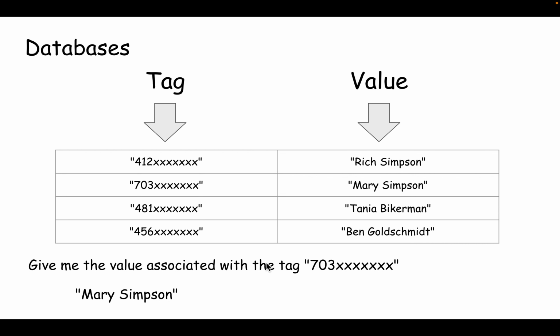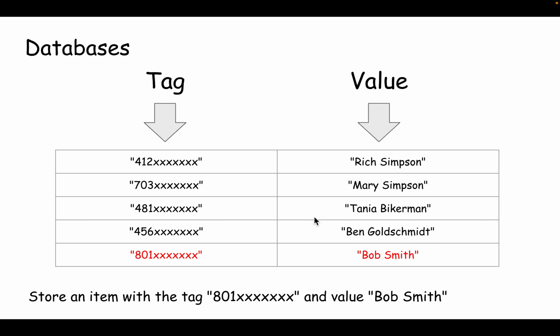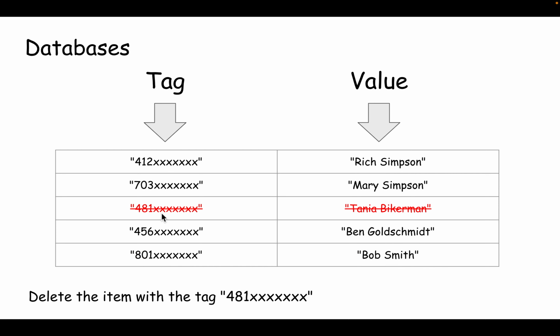So if you ask it, give me the value associated with this tag, it'll give you the corresponding value. You can tell it to add a new tag or store a value associated with the tag. And you can tell it to delete an item associated with a specific tag.